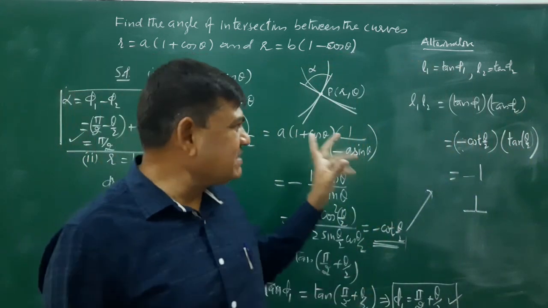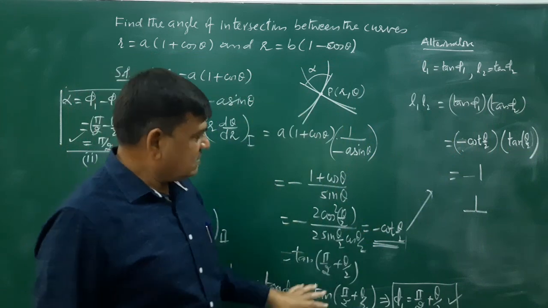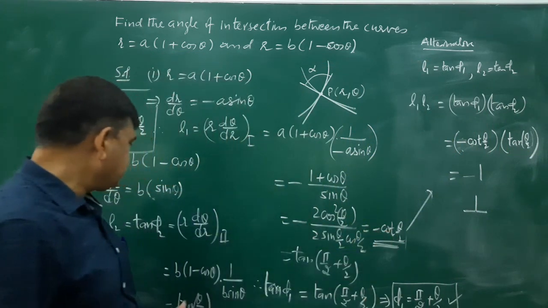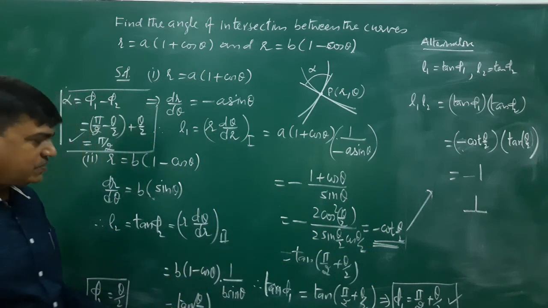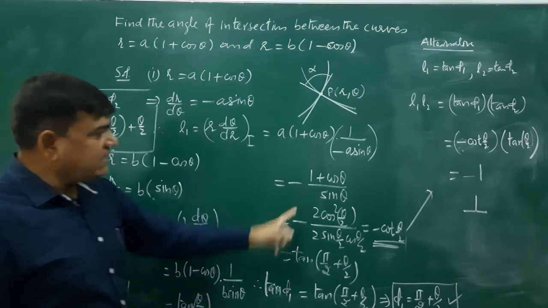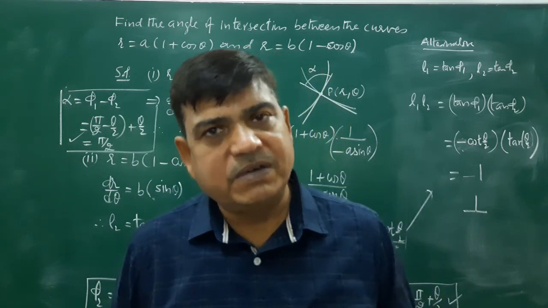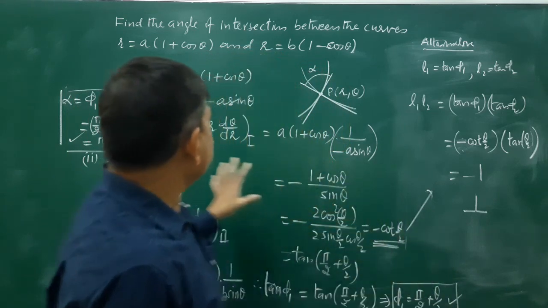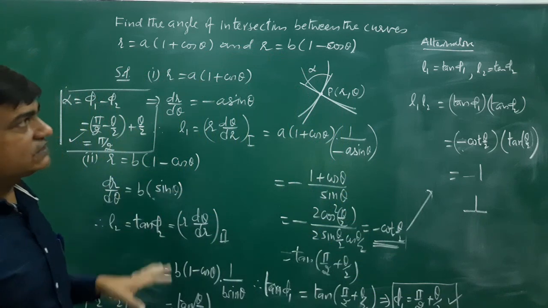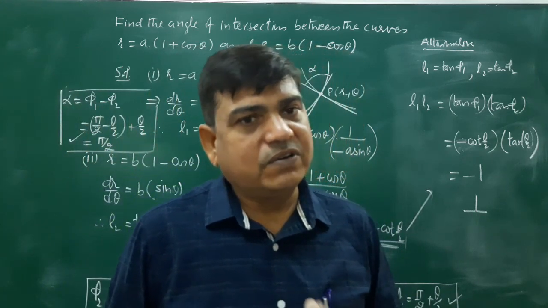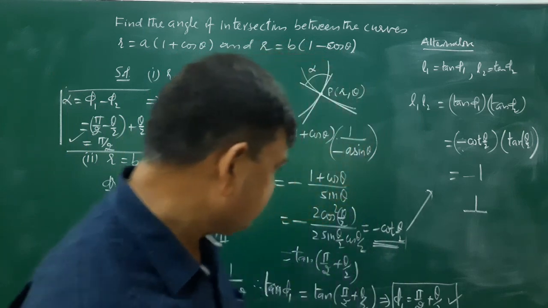Sometimes it is easier to look at it this way. This is minus cot theta by 2 and this is tan theta by 2. So the multiplication of L1 and L2 is minus 1. So the angle between two curves is pi by 2. So in this way we can simplify and find out the angle between two curves. Okay.